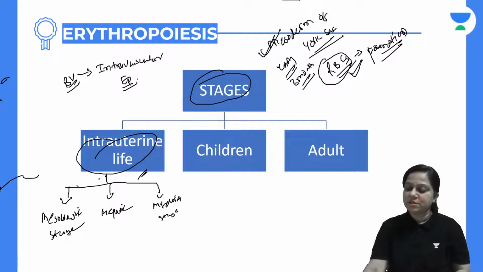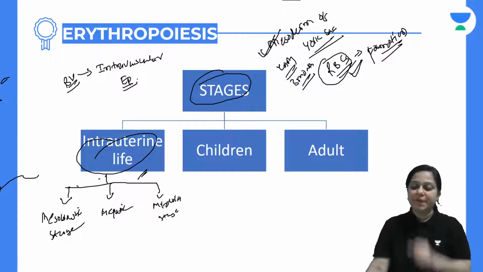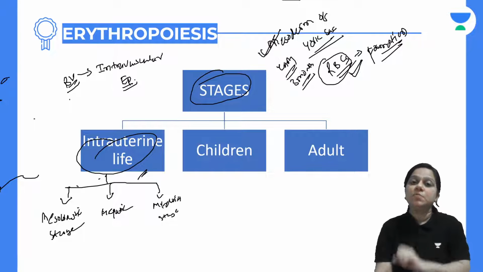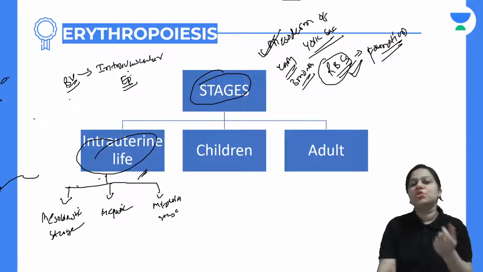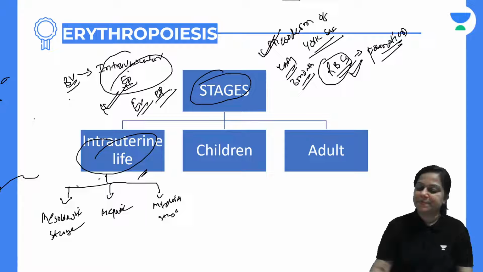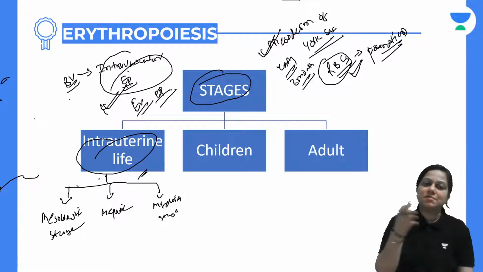This is important from the MCQ point of view. In the early embryo up to the third month of intrauterine life, erythropoiesis occurs inside the blood vessels, called intravascular erythropoiesis. Later on it is extravascular erythropoiesis. Now come to the next stage.